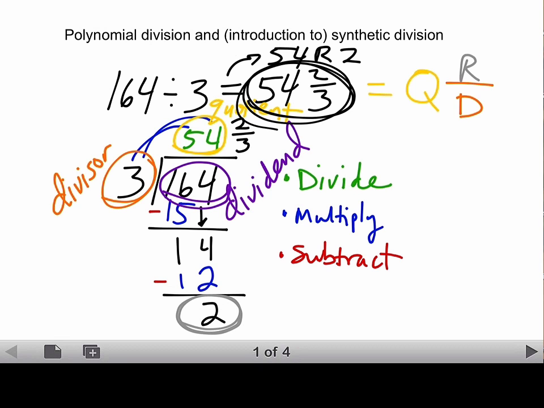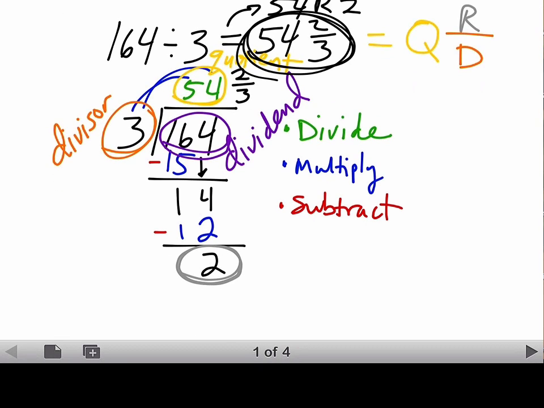Do you remember how you would check a division like this? We would take the quotient, multiply it by the divisor, and then add the remainder to make sure that our answer is correct.